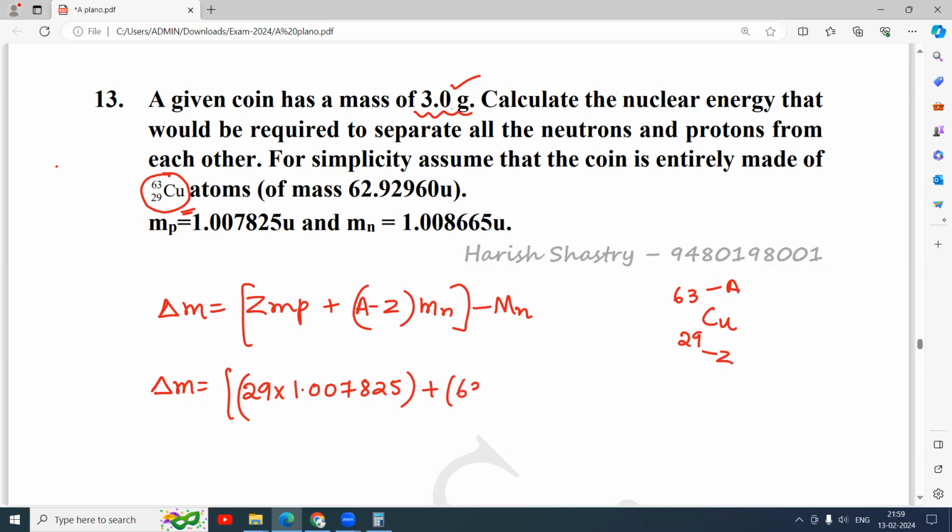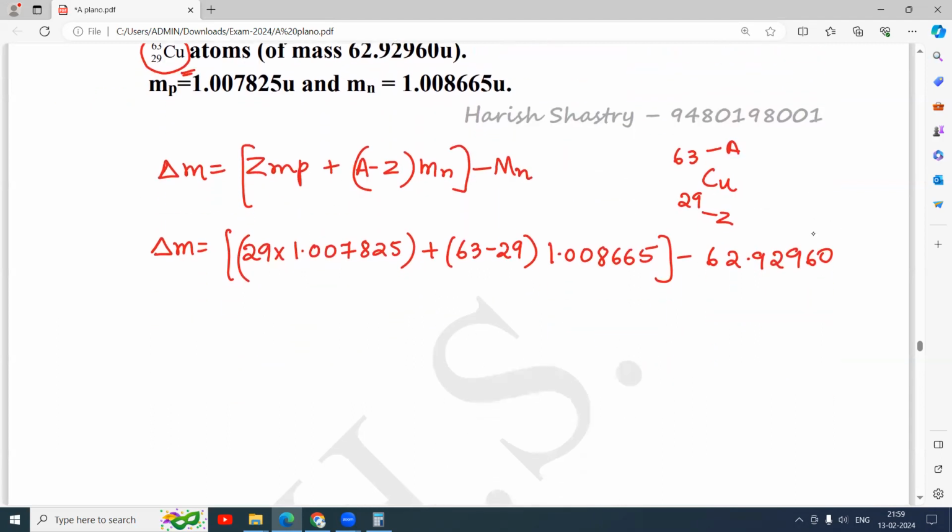A minus Z is 63 minus 29, which gives the number of neutrons, into the mass of each neutron, 1.008665, minus the mass of the nucleus, which is 62.92960. All masses are in atomic mass unit.